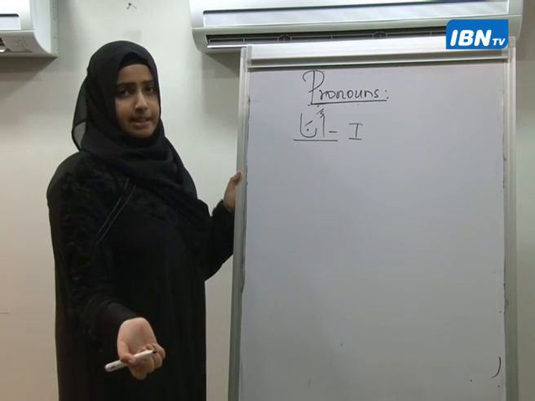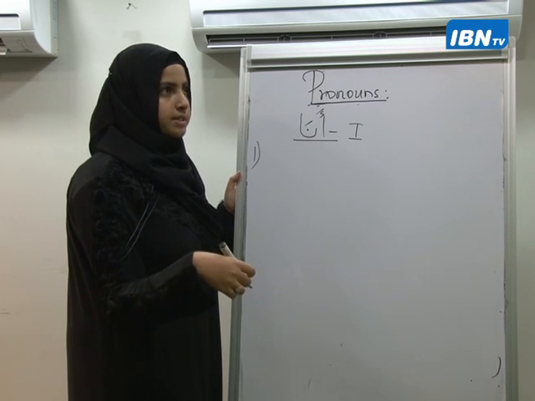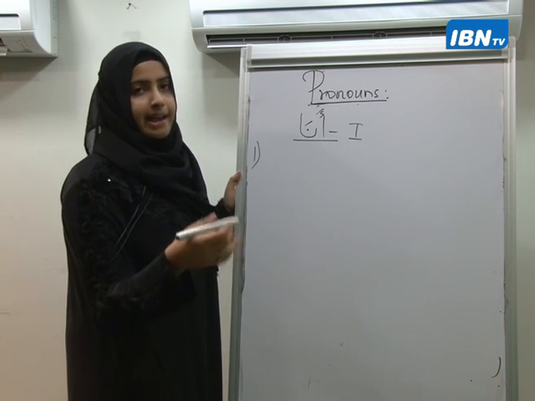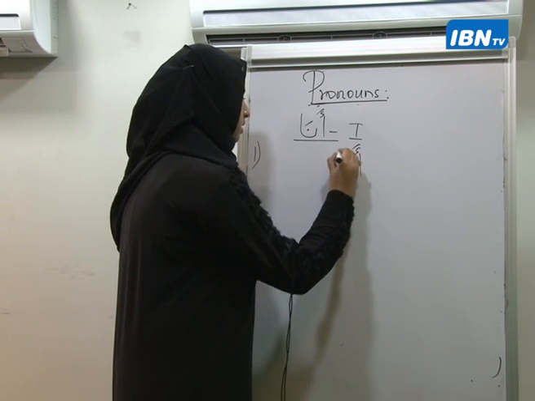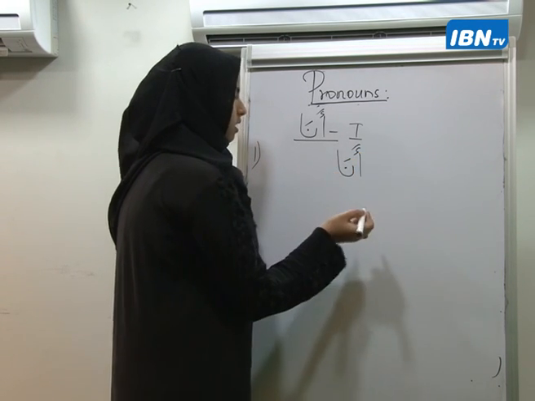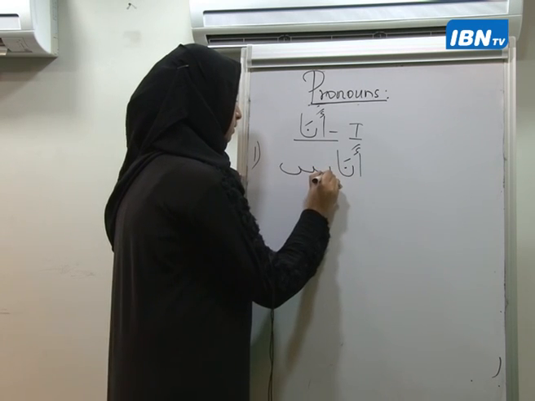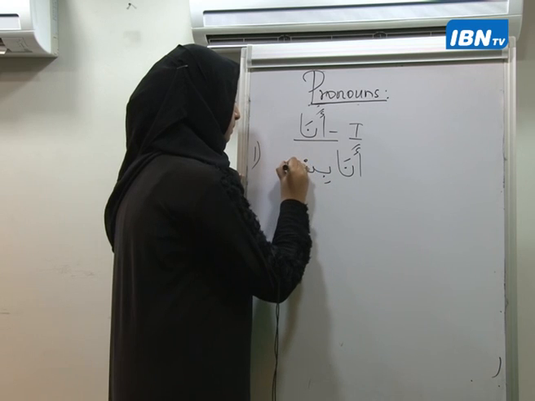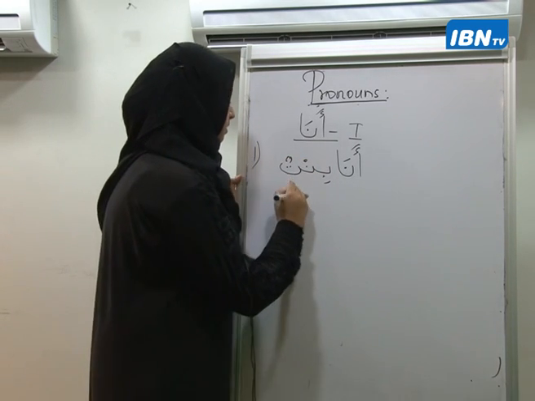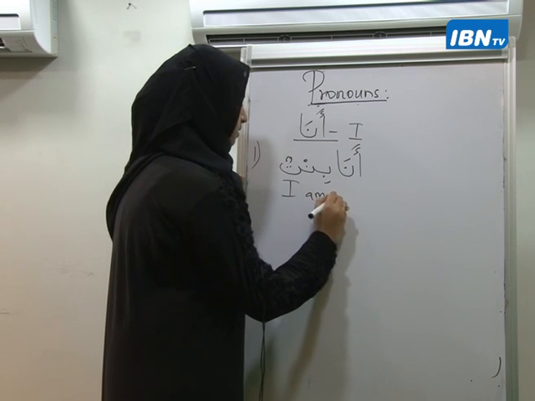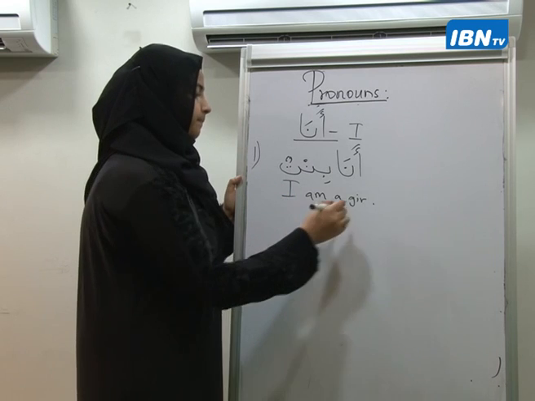So I want to make sentences. So I want to say, for example, I am a girl. So I'll say ana bintun, which means I am a girl. This means I, this means a girl.